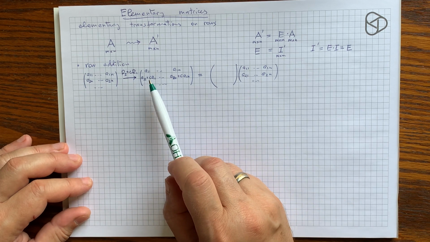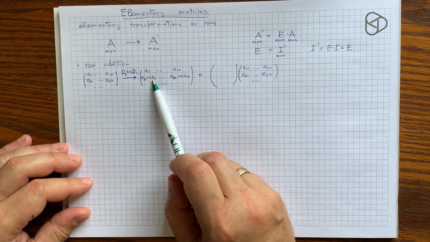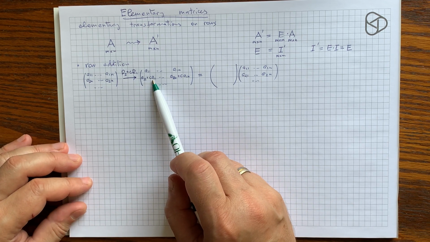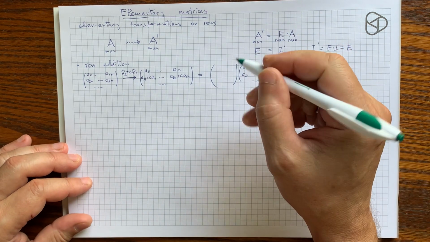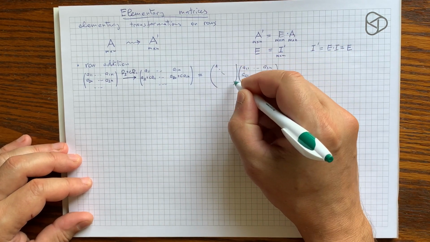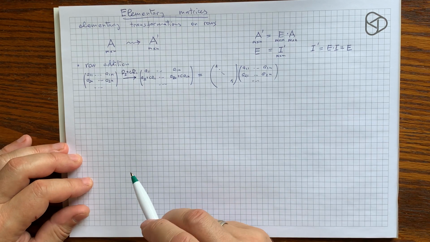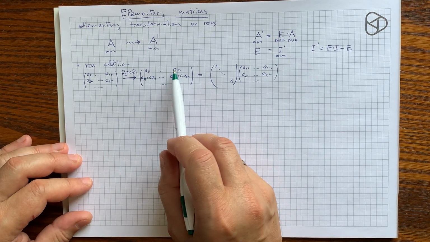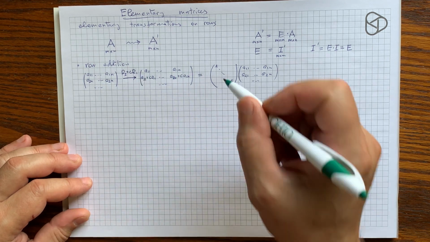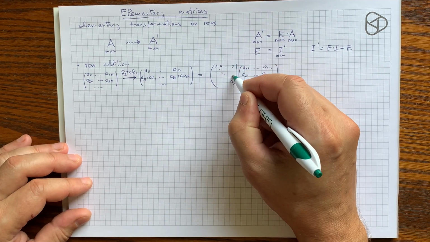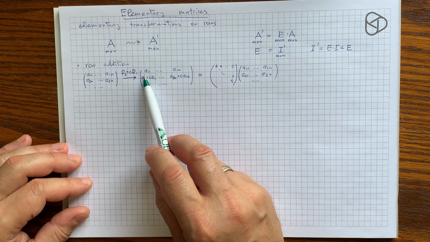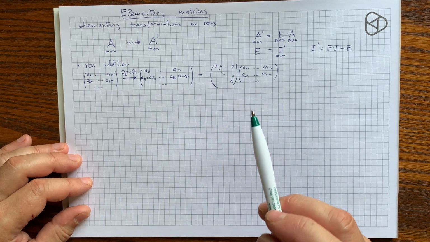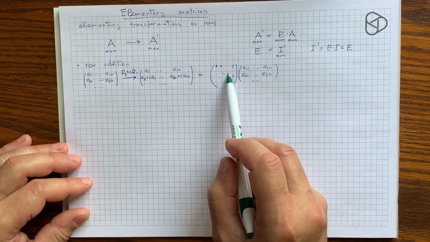And again, the recipe is: take the identity and do this transformation to the identity matrix of the appropriate size, and that will give you the answer. And the identity matrix, before doing transformation, is just ones on the diagonal, zeros everywhere else. And then we are transforming it using this transformation. So we're taking the first row, scaling it by C, and adding it to the second.